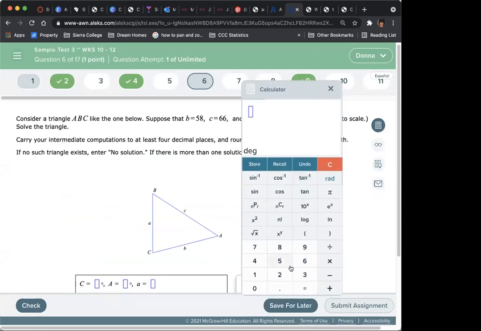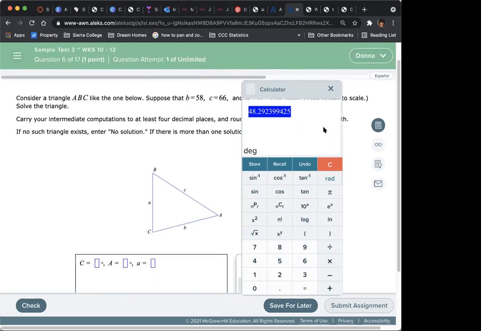So I'm going to plug in that value, 66 sine of 41 all over 58. Oh, I should have put the inverse sine in first. Oh well, that's okay. I'll double click or highlight that whole thing and hit sine inverse. Now I got the sine inverse of all that. Hot dog, we call this an angle.